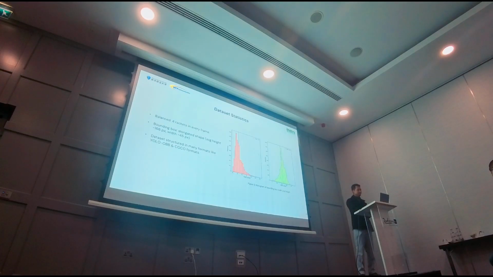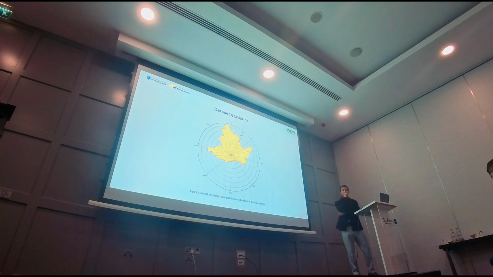On this part, I agree, but I was wondering if you studied your dataset and analyzed the distribution of the players. Sorry, repeat again. In your dataset, did you perform any analysis on the distribution of left- and right-handed players? For now, I didn't analyze that.